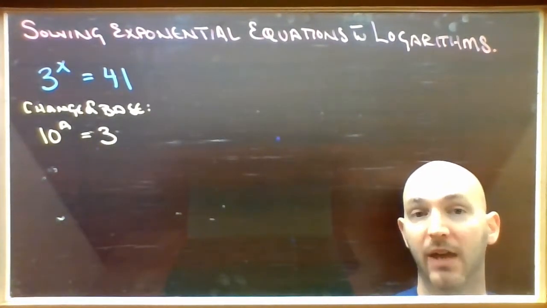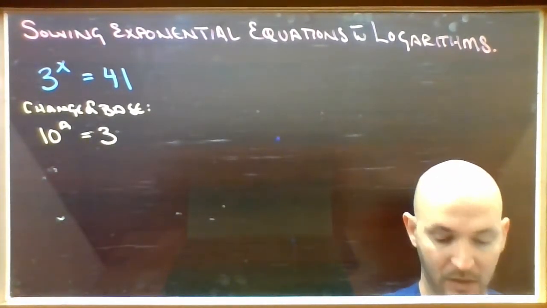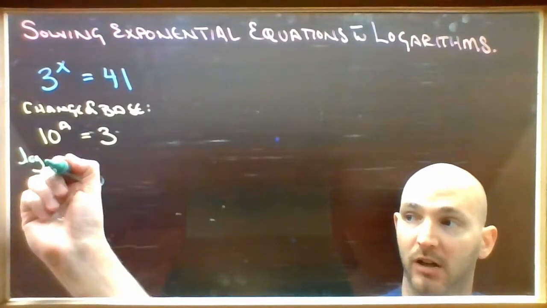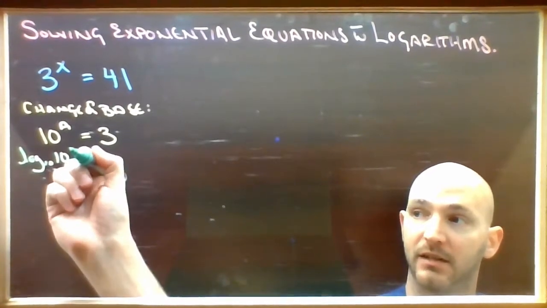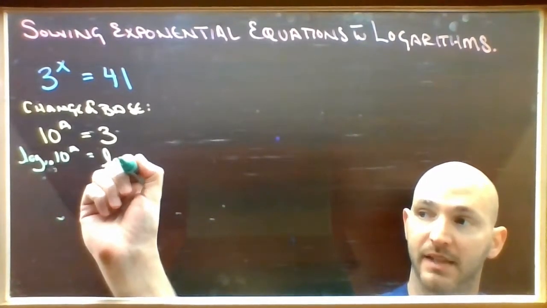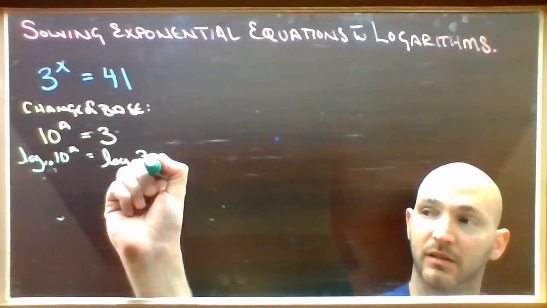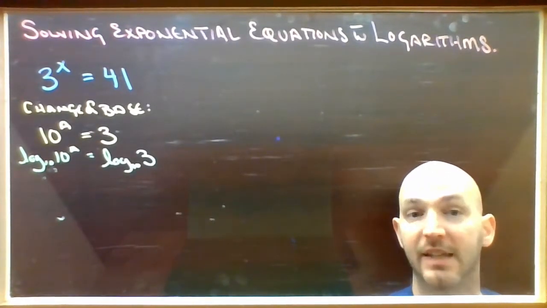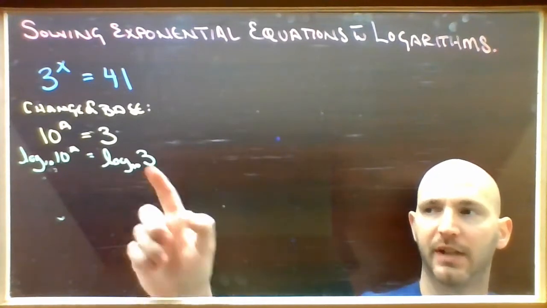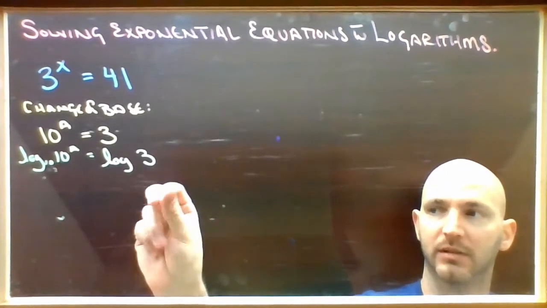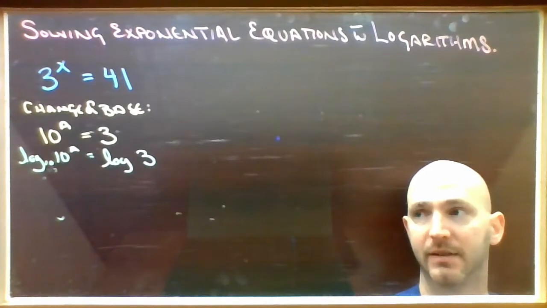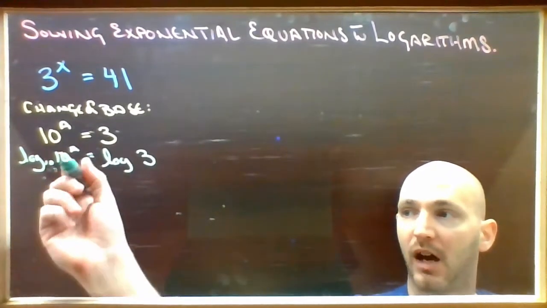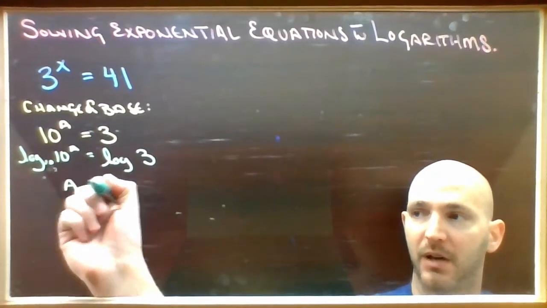I want to know what a would have to be. So I'm going to use my log base 10. Log base 10 on 10 to the a is log base 10 of 3. And because log base 10 is just log on your calculator, I'm not going to write that anymore. It's implied.